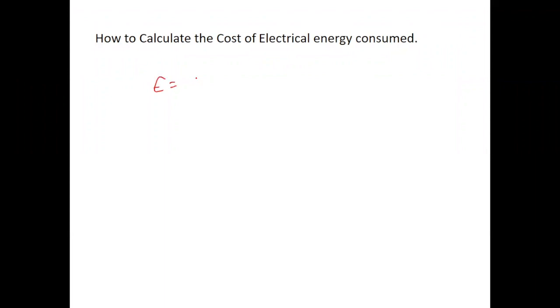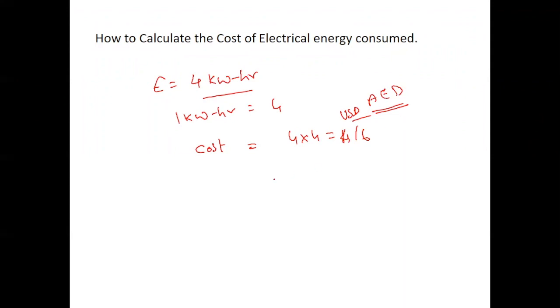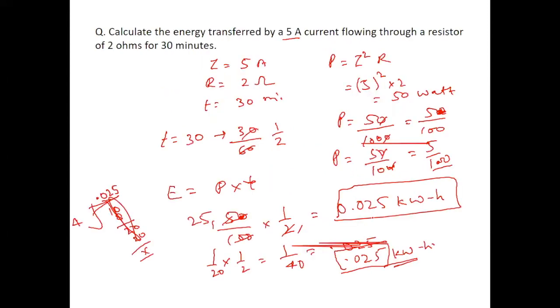We know that if the electric energy consumed is 4 kilowatt hour, and the cost of 1 kilowatt hour is 4, then the cost is 4 into 4, 16 rupees or USD or AED, whatever the currency given. In CBSE it is given in rupees, but in general life, if we are in the USA, maybe it is USD, in UAE or Oman it is AED.